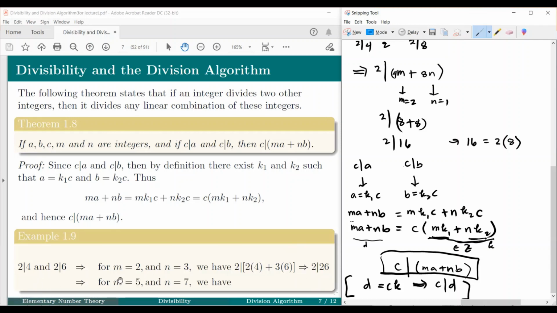Then for M equals 5 and N equals 7, we also have this, which implies that 2 divides 62.